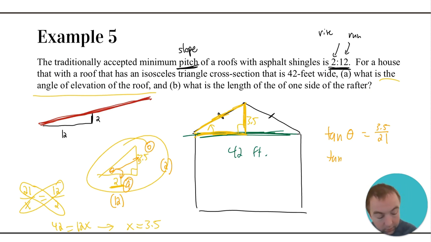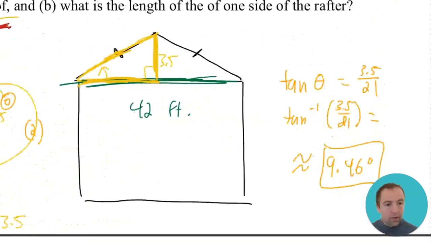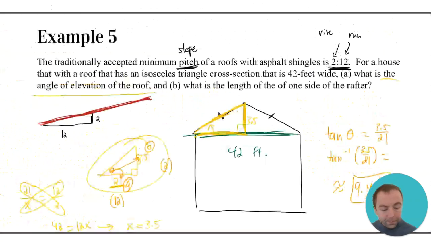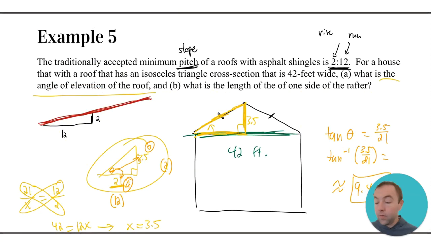And then just use the inverse tangent by putting that ratio inside of that, and that should tell you what the angle of elevation is going to be. So inverse tangent of that is about a 9.46 degree angle. Not too crazily steep right there, 9.46, but enough to make some stuff fall off your roof, right?